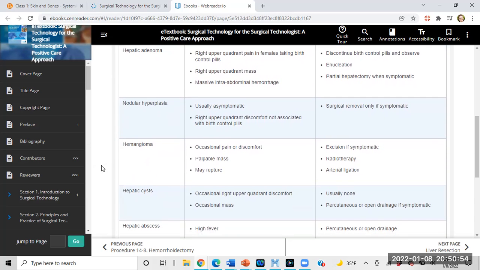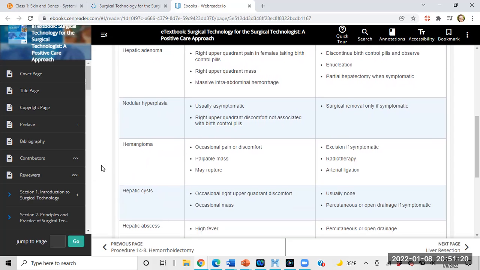Nodular hyperplasia. So this could be nodules that are found in the liver that are just hyperplastic cells. So they've just multiplied in numbers. Hemangioma. This is kind of like a blood blister in an organ that collects a lot of the fluid, including blood.